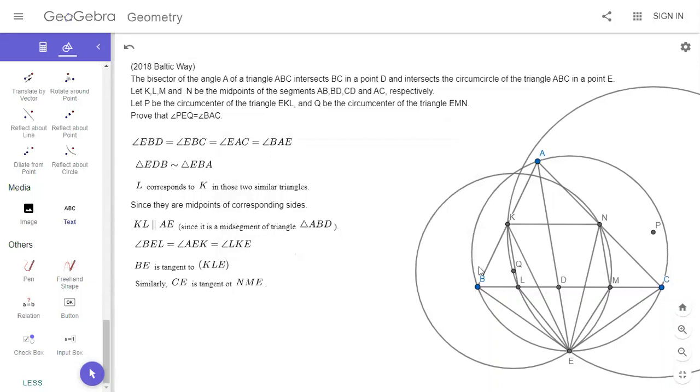Okay, now we have PEC is equal to QEB. So I'm going to prove that.